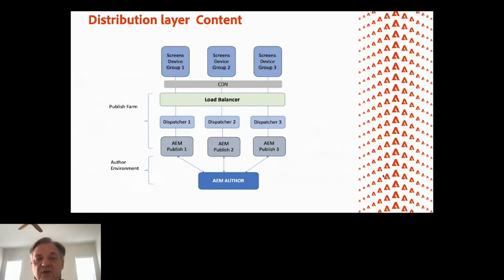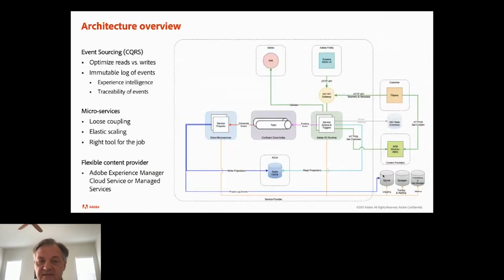This is fully deployable and can be scaled to any number of devices. Typically, a device group can handle as many as 10,000 or even more player devices. And in this way, we're able to really scale up the solution and provide for just almost an unlimited number of players on the content side.